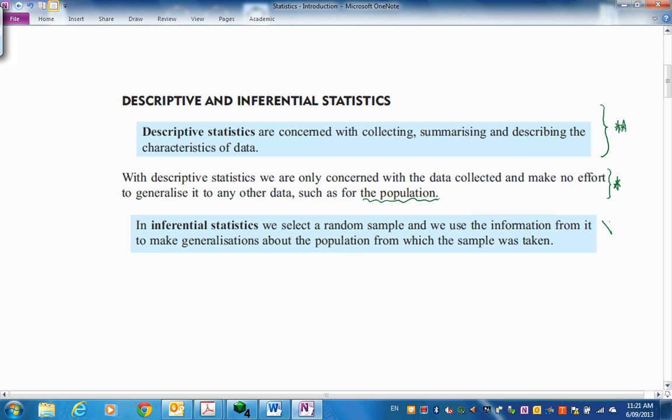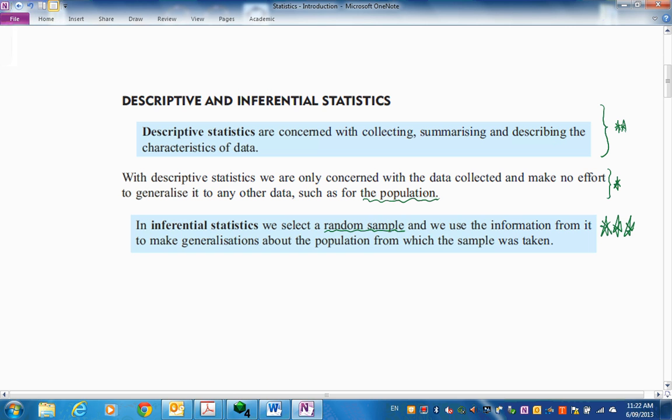Here's what we're going to be doing down here. Inferential statistics. Inference means to infer, to suggest something about a whole population from a random sample. We need to unpack that word in a minute. We select a random sample.